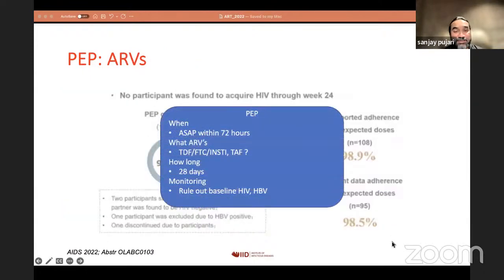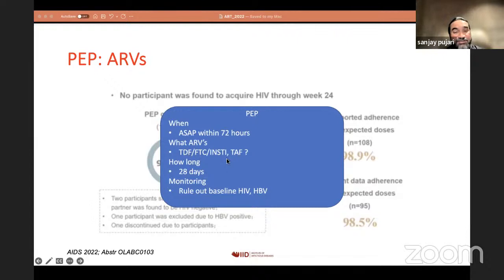So what PEP we use is basically you start as soon as possible, within 72 hours. Currently, the popular regimen is an integrase-based regimen, either raltegravir, dolutegravir, or even bictegravir. With the latest data available, we don't know whether we can use TAF, but perhaps it should be okay to use a TAF-based combination.